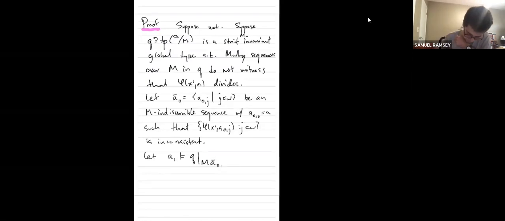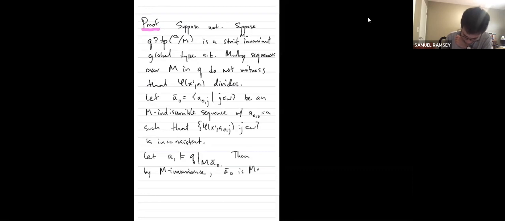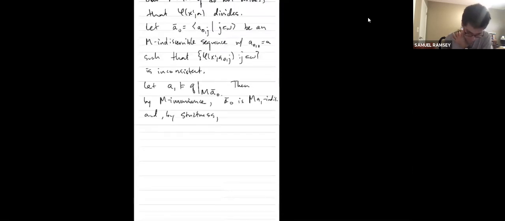Okay, so then by M-invariance, a bar 0 is M a_1-indiscernible. And by strictness, we know that a bar 0 is non-forking independent over M with a_1.